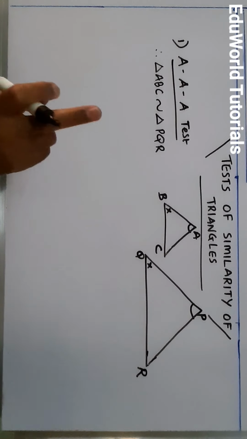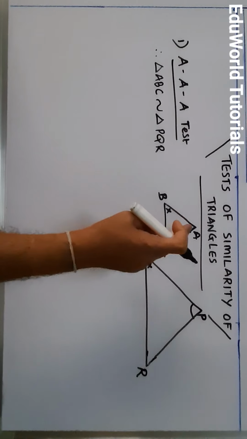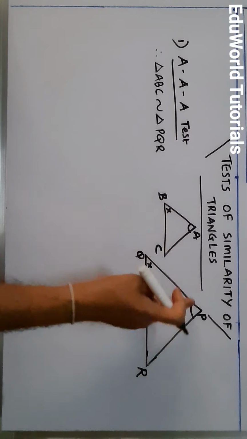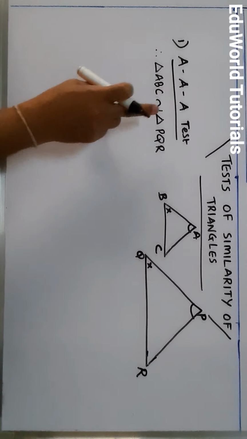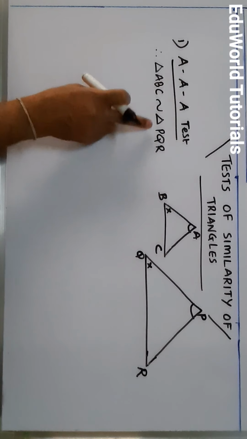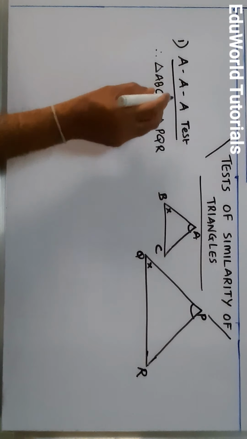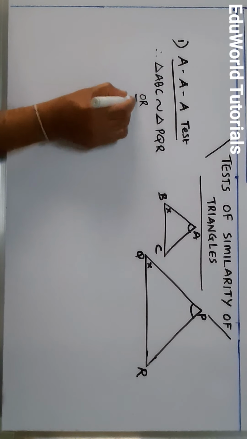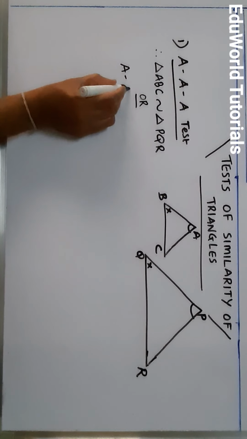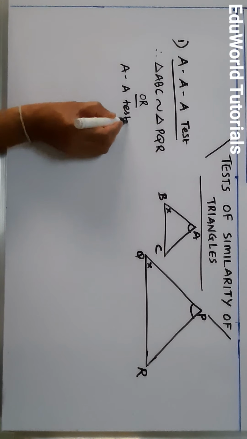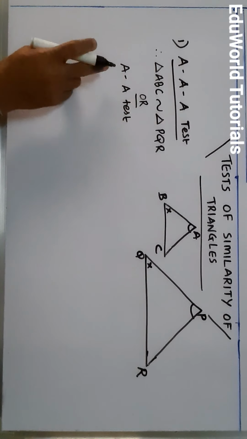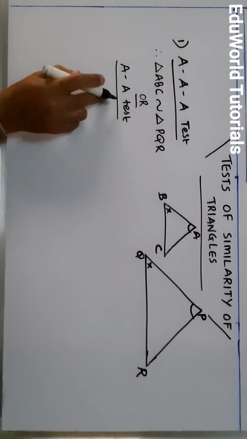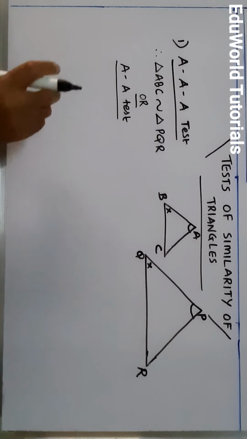So even if two pairs of corresponding angles are congruent, the triangles are similar. We can also write this test as the AA test. AA test is nothing but AAA test; we can say AA test is a part of AAA test.